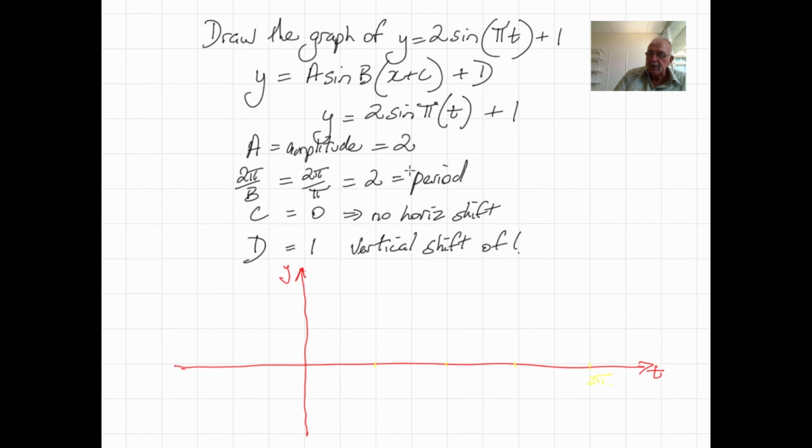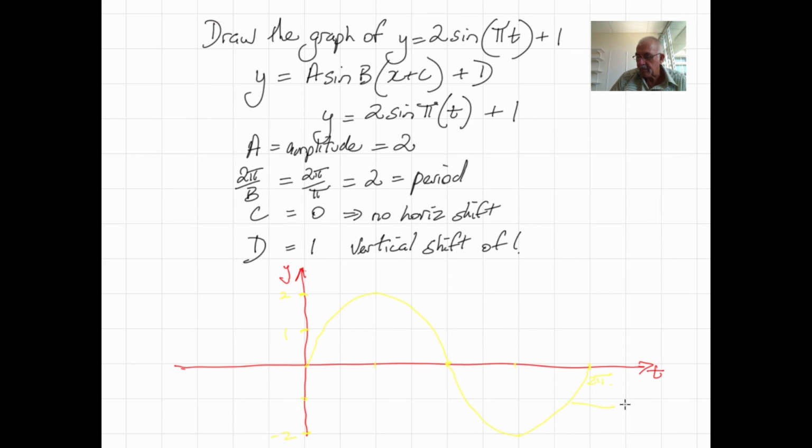And if it was just y equals 2 sine of t, it would go between plus 2, so if that's 1 and that's 2, it would go between plus 2 and minus 2, and it would go like so.